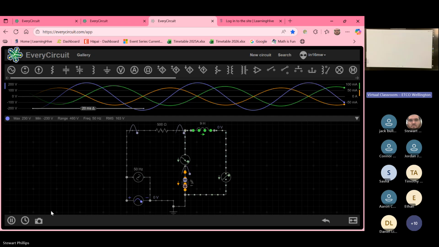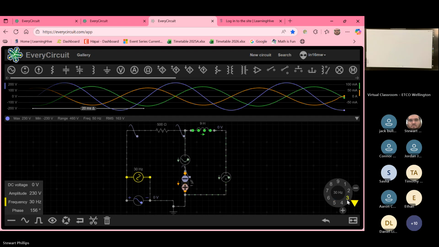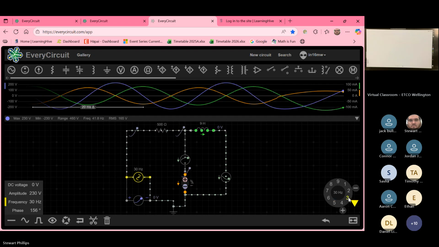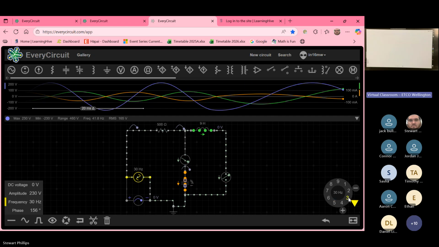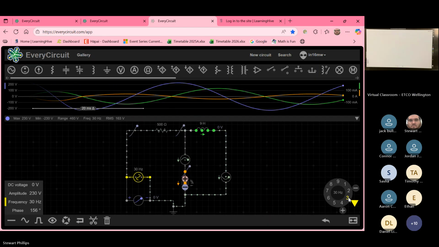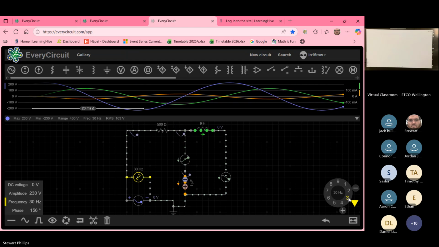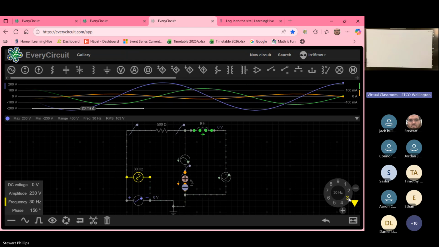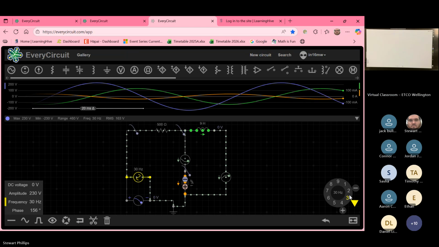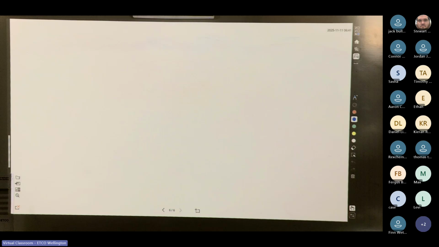But if I then drop the frequency again down to 30 hertz, there's a lot more current flowing in the inductor, and the inductive reactance is getting closer to the voltage. That's a good way of viewing the waveform as it goes.